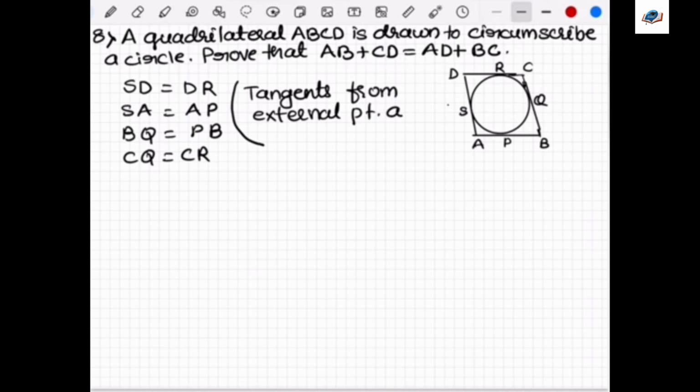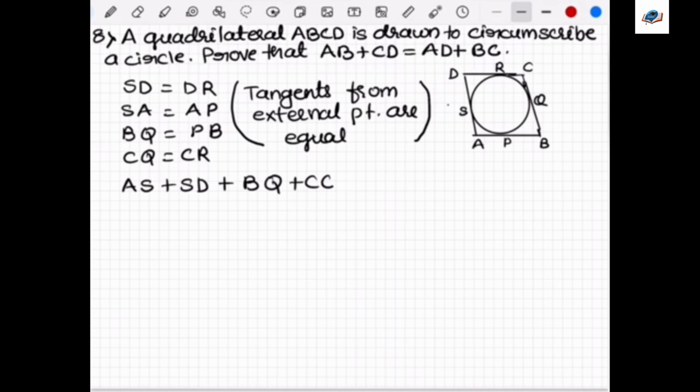Now adding LHS and RHS, I will have AS plus SD plus BQ plus CQ equal to DR plus AP plus PB plus CR.